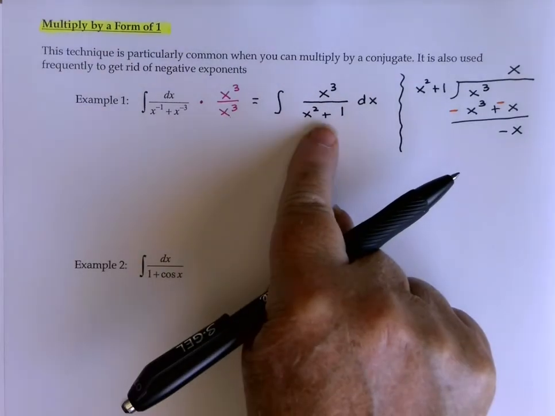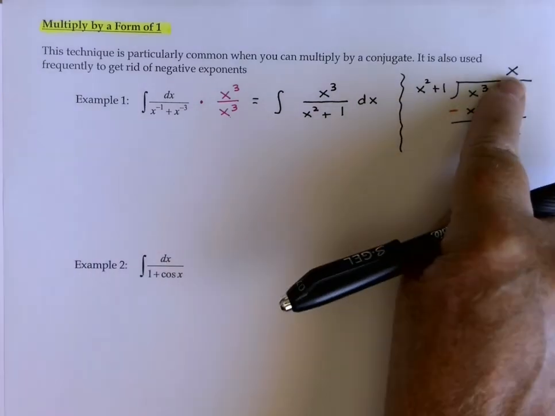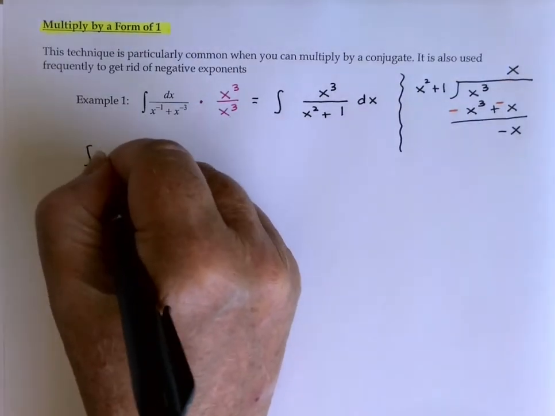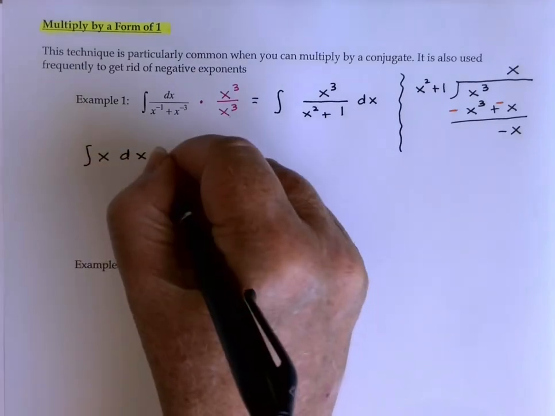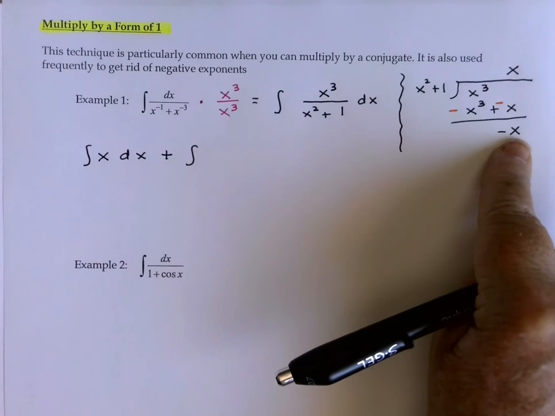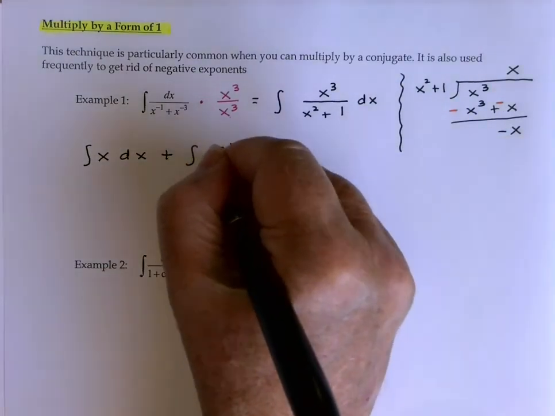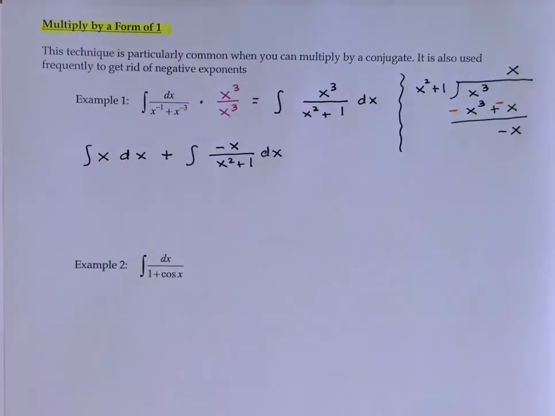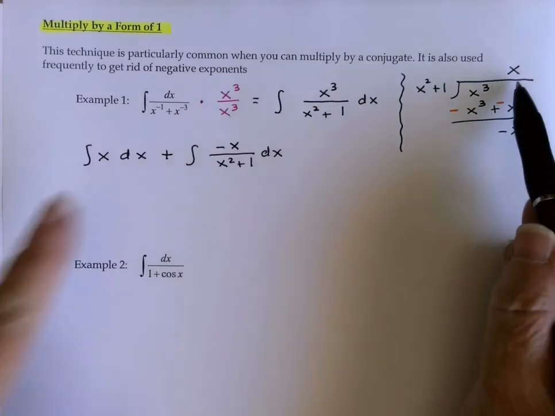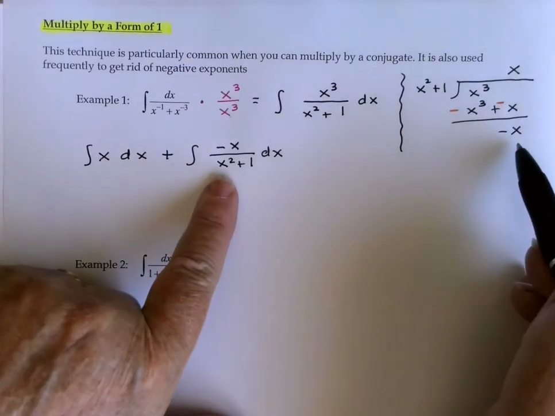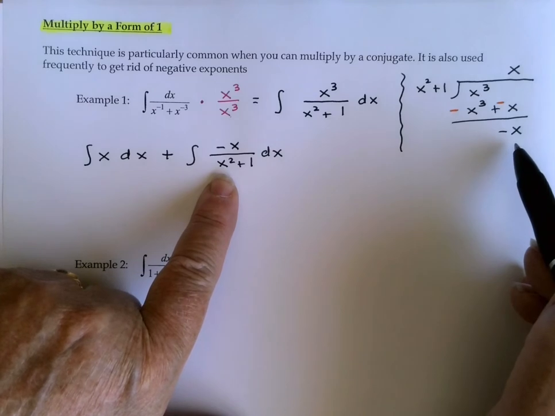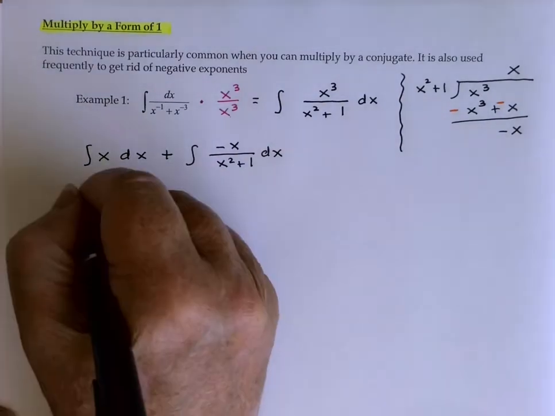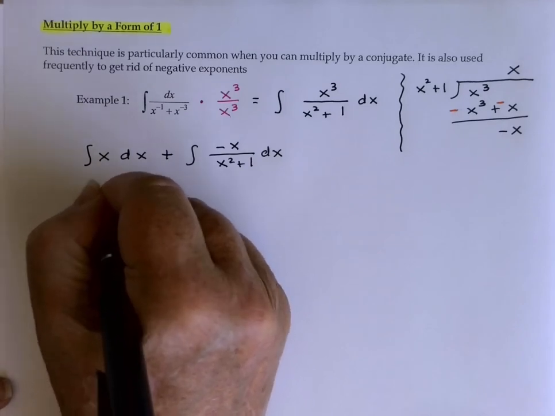So what I'm going to do is rewrite this whole integral as the integral of the quotient, x, plus the integral of the remainder, minus x over x squared plus 1 dx. That's really typical, again, when the numerator's degree is bigger than the denominator's. Do your long division. Quotient goes in one integral, and then separate that from the remainder in the second integral. Quotient's usually easy to integrate, just like it is here, 1/2 x squared.